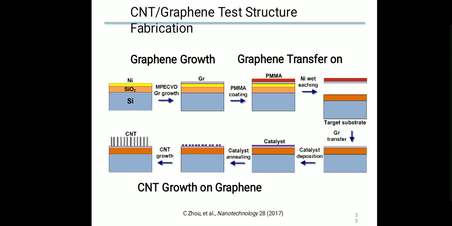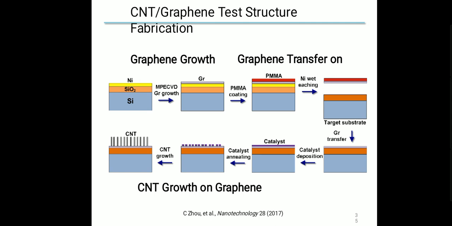What is this fabrication? As I told previously, graphene growth we can see here, and graphene transfer on. At last it is formed as CNT growth, and the CNT is formed above the side walls of the chip. CNT means carbon nanotubes.